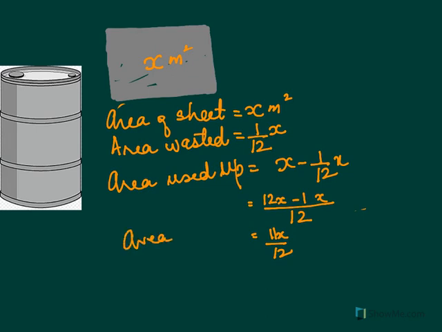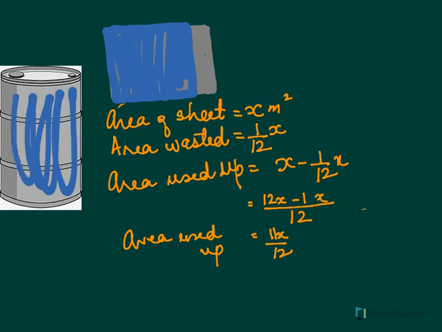So area used up will be 11/12 x. If I were to graphically show it, the entire sheet is not used. A part of the sheet only is used, like this. This part of the sheet is used to make the tank, to make this part, and to make the base.